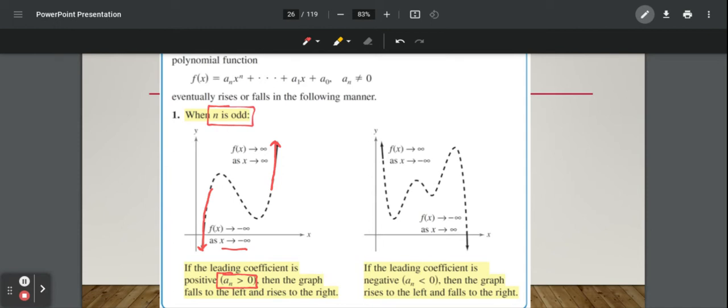An example could be y equals 2x cubed plus 3x plus 1. We have a positive leading coefficient and an odd degree.